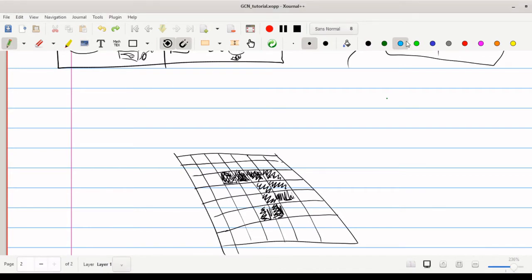What this filter does is the following. The filter looks at a certain window, and it has a weight associated with every element in this window. In this case, we have a 3x3 filter. So this is our filter.